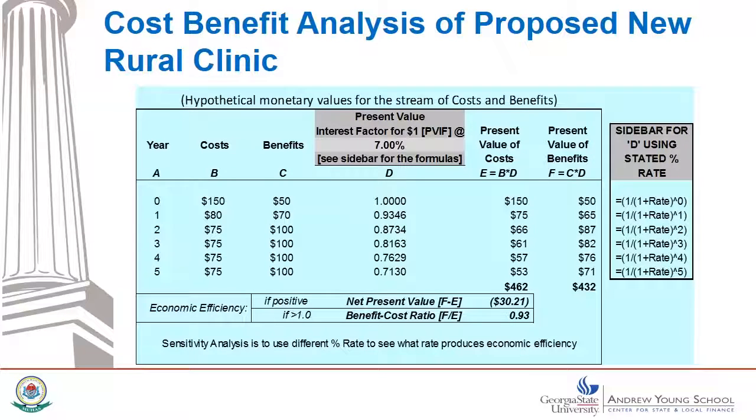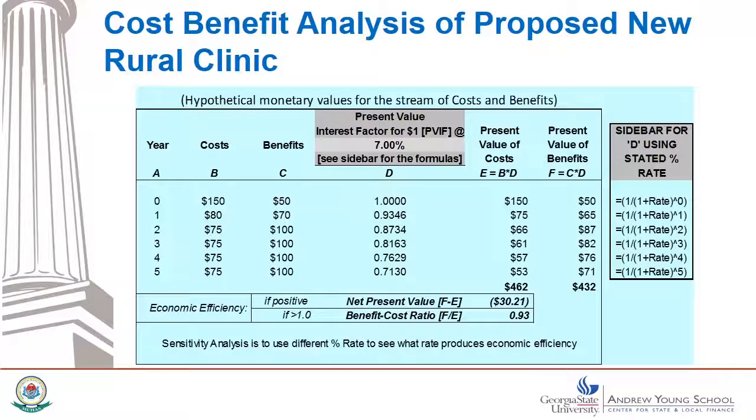Column D refers to the present value calculations. As we stated in the prior slide on the basic process of cost-benefit analysis, we have to put all of these monetary units into a present value, since the decision is made now to either save the money or start work on a new clinic.